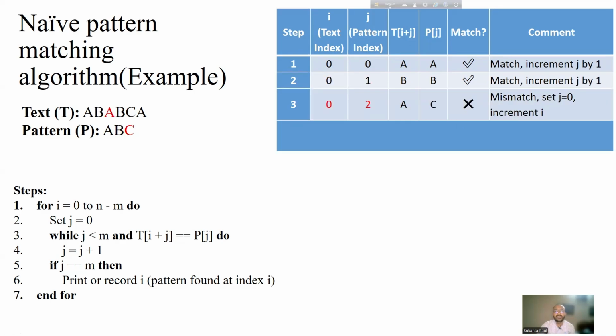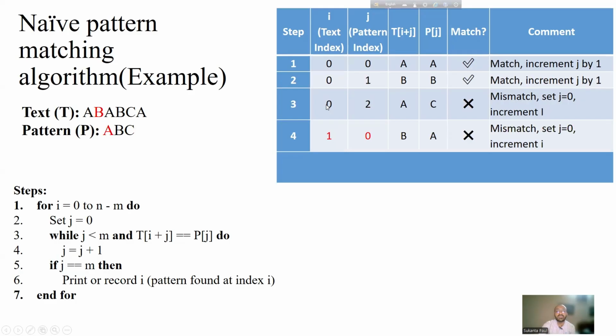Again, we see that for t[i plus j] and p[j], now there is a mismatch. If there is a mismatch, then set j equal to 0 and the value of i will be incremented by 1. So previously the value of i was equal to 0, right? Now it will increment by 1.